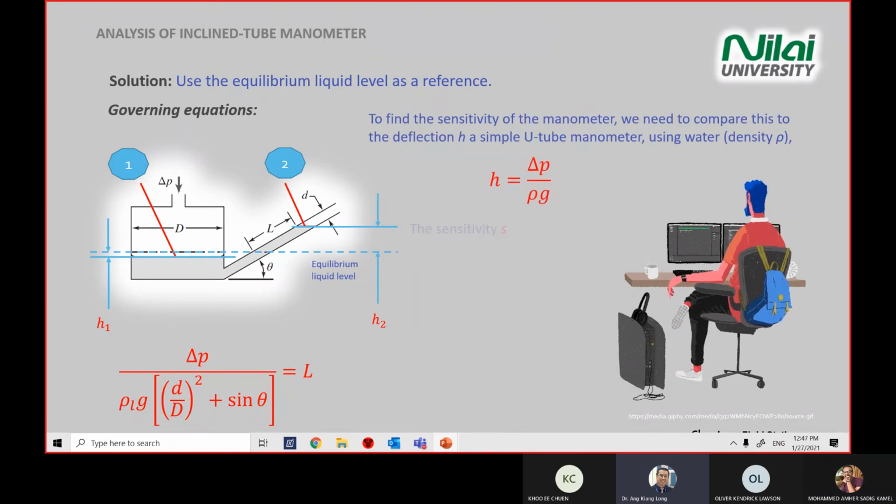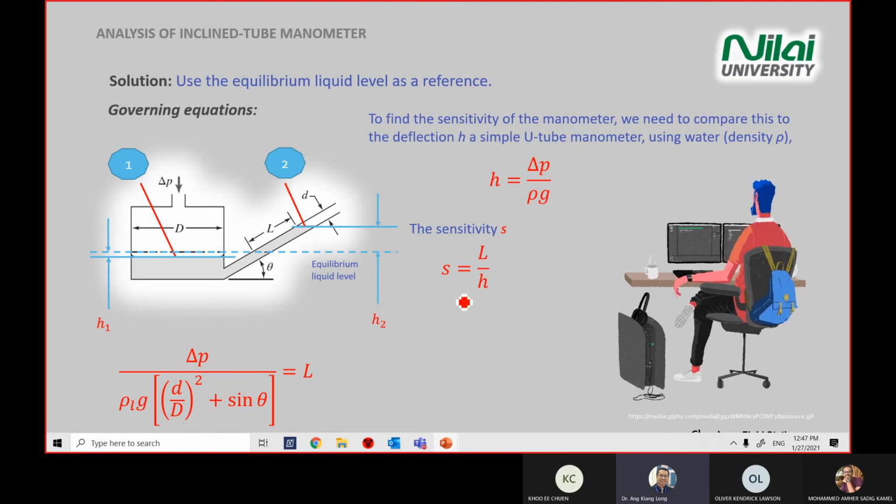Another one is to find the sensitivity of the manometer given by this equation. Sensitivity of the manometer is given by L divided by H. L is the arm, and H is the height of the parameter of the measurement.